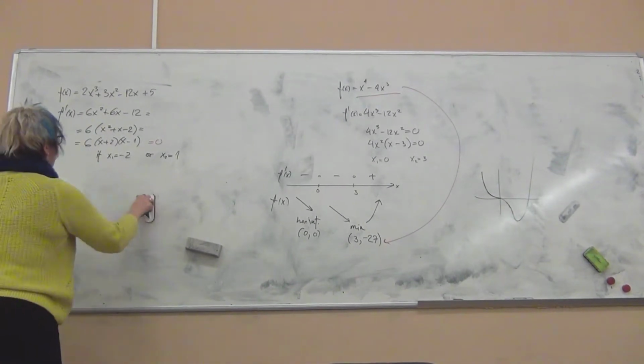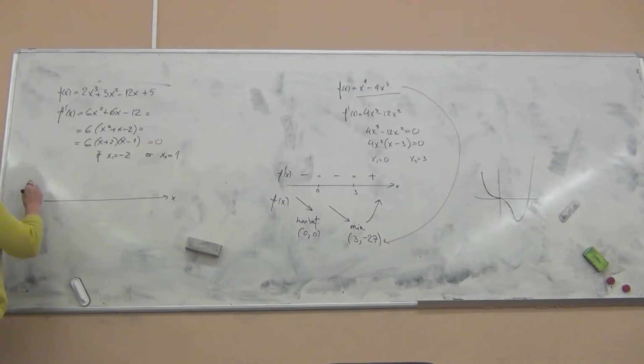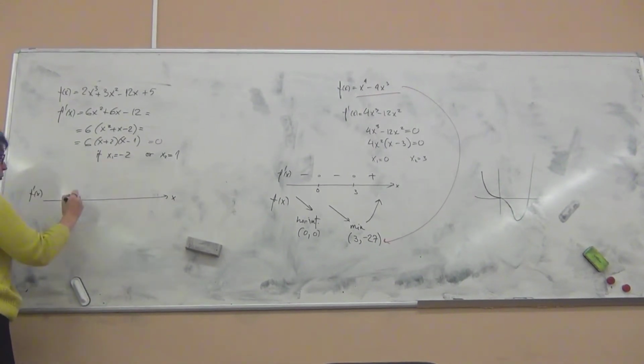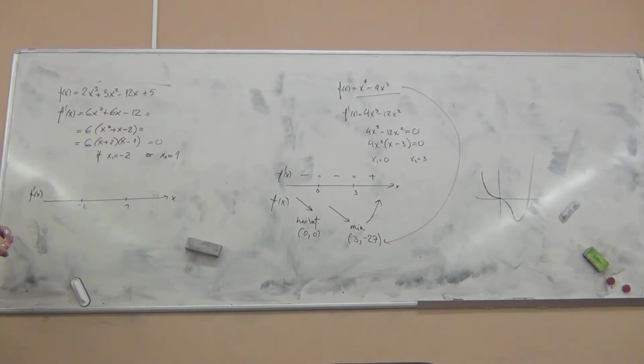Alright, so now I look at the derivative at both points, minus 2 and 1. I'm looking at the derivative in whichever form you like it. You can look at the derivative where it's factorized, or you can look at the derivative there. It doesn't matter. What matters is the signs you put there.